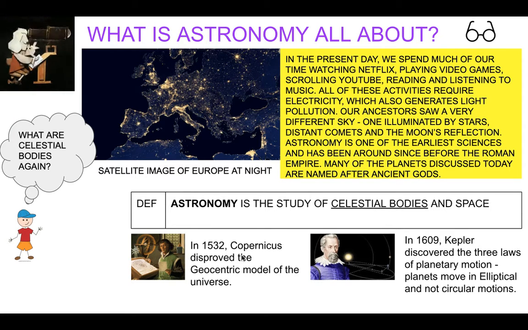So this guy here, Copernicus, was a key astronomer who discovered that in fact the Earth orbited around the Sun. Okay, and that was called the heliocentric model, and the geocentric model was incorrect. The geocentric model, which was what was believed at the time prior to 1532, was that the sun orbited the Earth.